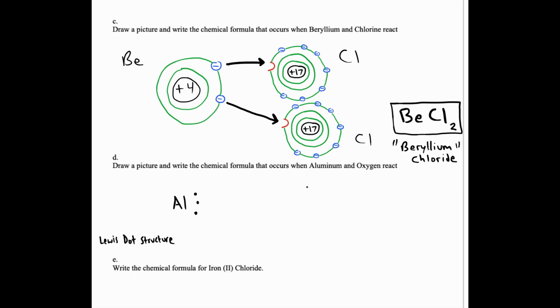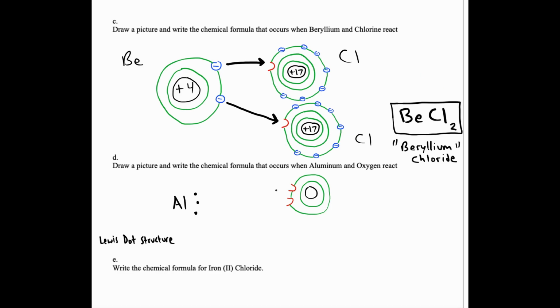Now we could also draw an oxygen. Of course, the oxygen has a complete inner shell, but it does not have a complete outer shell. Oxygen wants to accept 2 electrons.